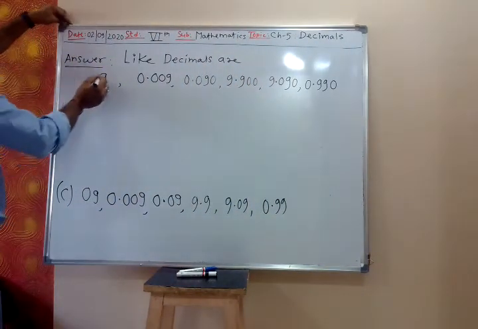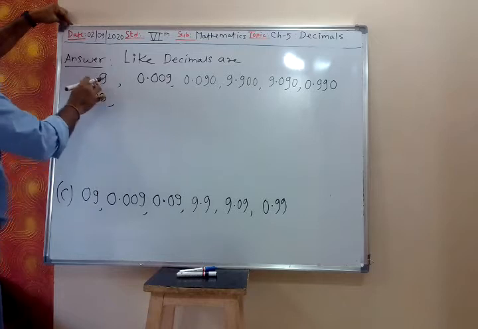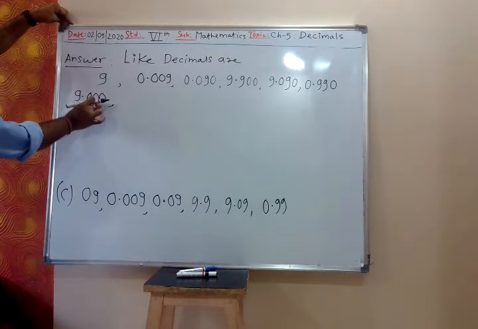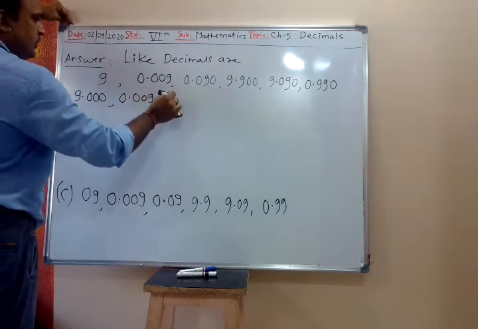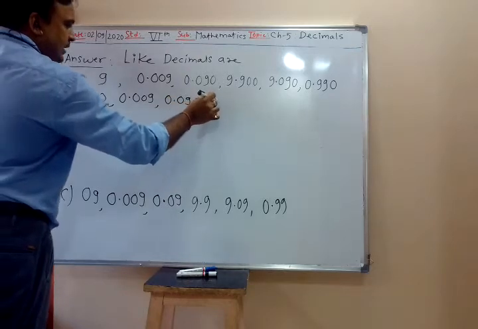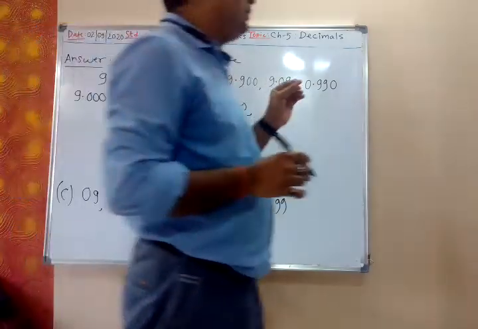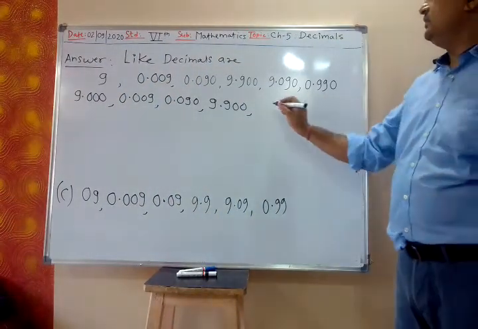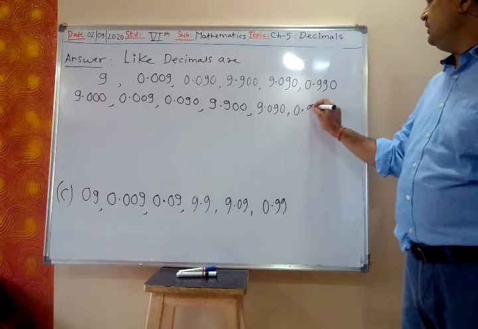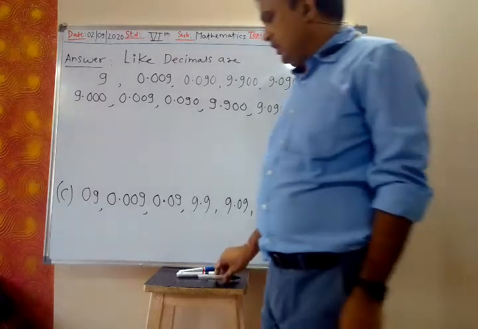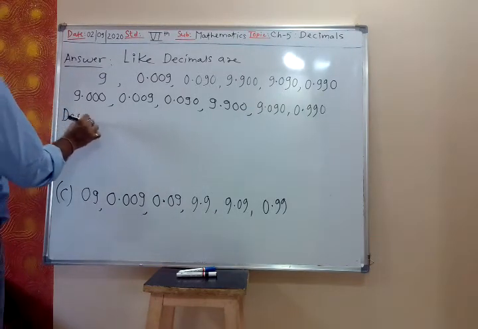So I have to write this in decimal form. 9 I can write as 9.000, since after decimal we want 3 digits. Then the others we write as it is: 0.009, then 0.090, then 9.900, then 9.000, then 9.090, then 0.990. So after converting them into like decimals, now let us write the descending order.